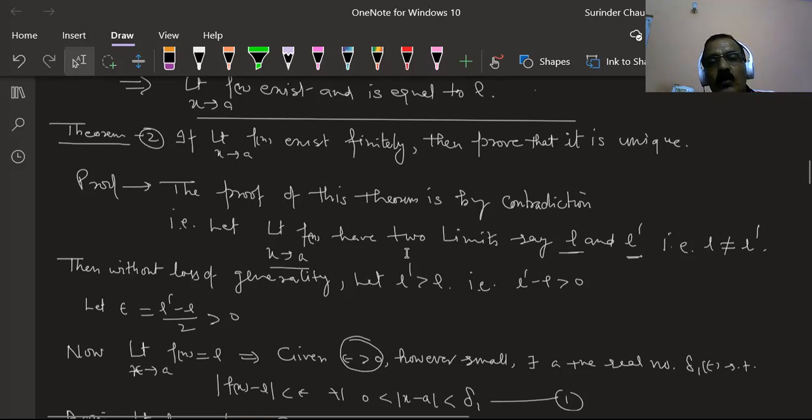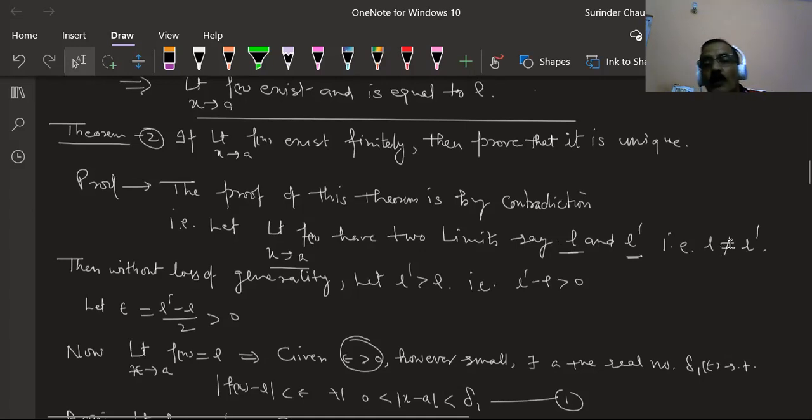When I say that there are two limits, the function converges to two different numbers. So we suppose that one is L and the other is L dash. That is, there are two real numbers, two different limits, L is not equal to L dash.